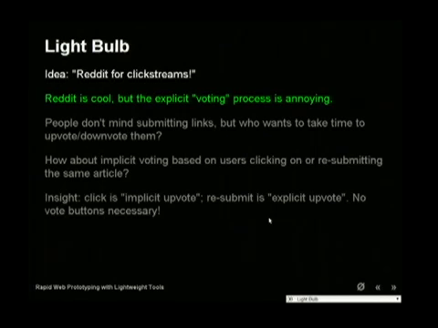And I think only a minority of the users actually do. But the interesting thing is that I think a lot of people like sharing stuff, as the social web has shown. People don't mind submitting links and seeing other people work with those links. But who wants to take the time to upvote and downvote them? That's kind of an annoying explicit step.